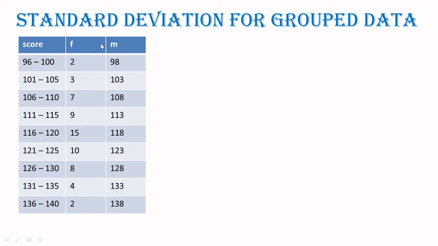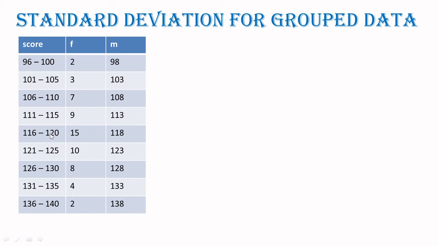Again here we have to find the deviation. For that we can assume 118 as the mean, and we need to find the deviation as d = (m minus a) divided by h. H is nothing but the class interval.